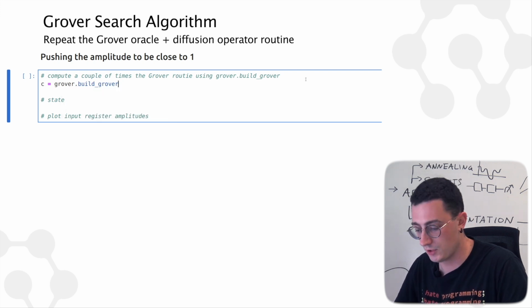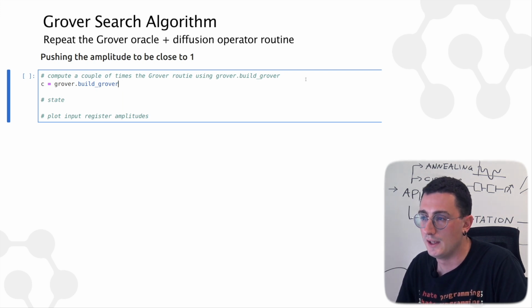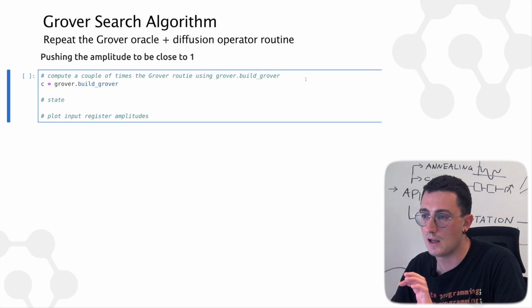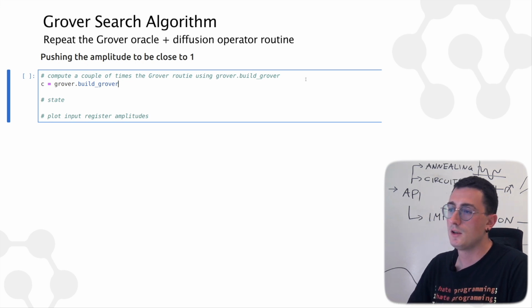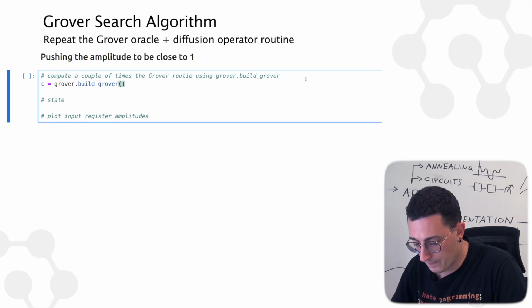This build Grover function is basically a function which takes together all the pieces of the puzzle, so the initial layer, then the oracle, and then the diffusion operator, repeating the oracle and diffusion operator as many times as you want. You can do that by setting the guilty state.